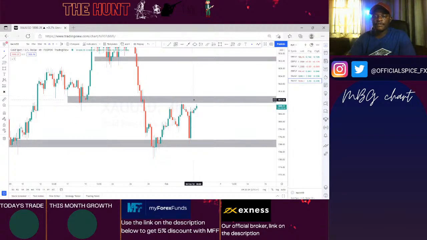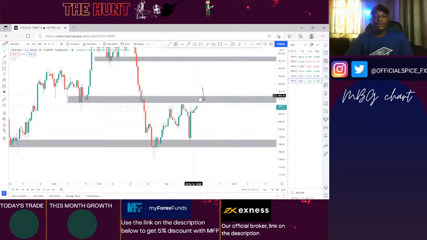Now we could see a reversal on H4 right here, if we have a very strong candle. Looking at these candles, the gold session isn't open yet, so we can have a reversal right here.